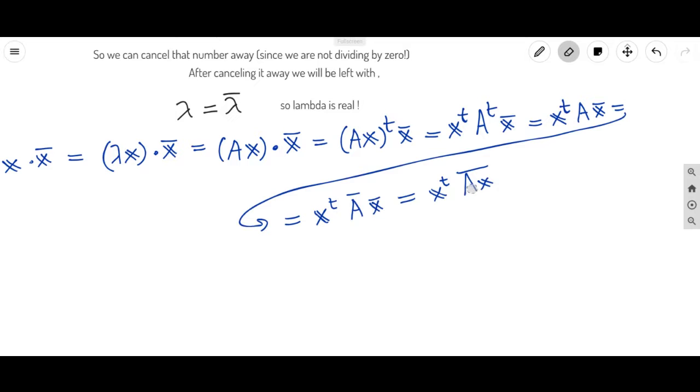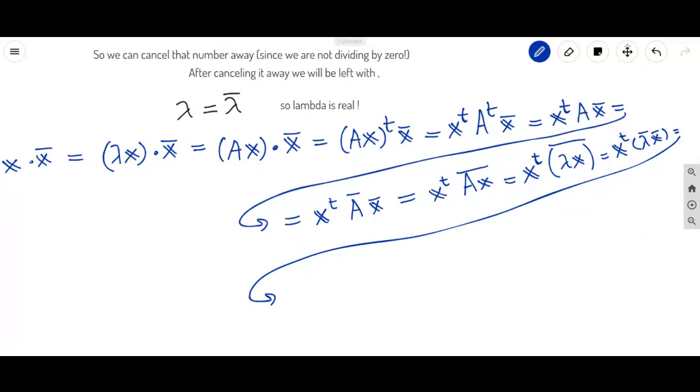But what is Ax? x is an eigenvector. So this in turn is equal to x transpose, and then the conjugate of lambda x, which is equal to x transpose lambda bar x bar. Then you can factor out the lambda bar because that's just a scalar.